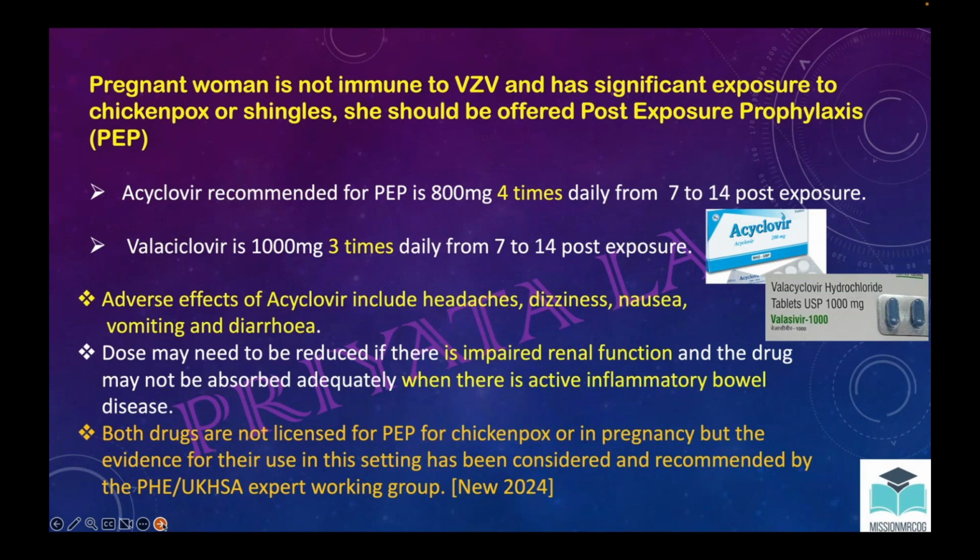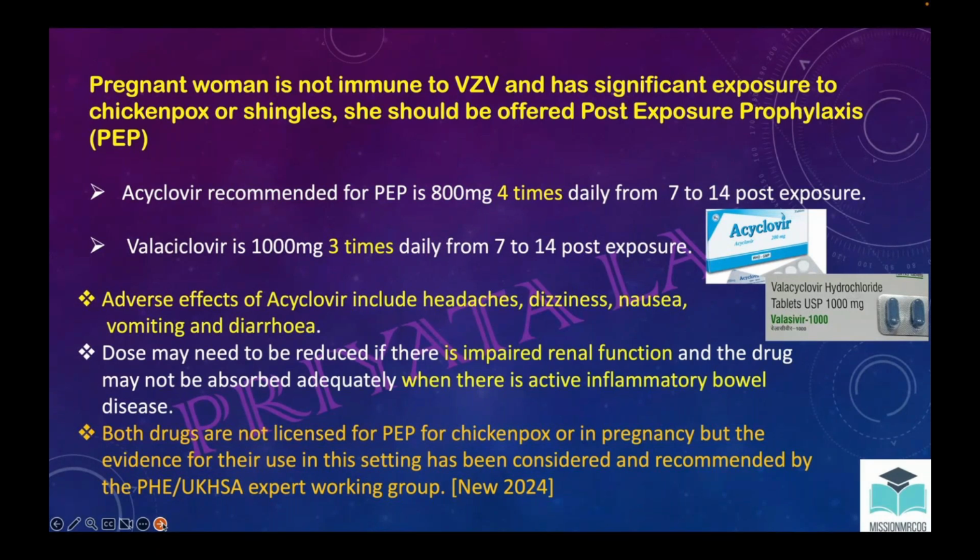Both these drugs are given to the pregnant woman to prevent chickenpox in pregnancy, but they are not licensed in the UK to be used in pregnancy, but still they are considered safe and recommended by PHE and the UK HSA expert working group.